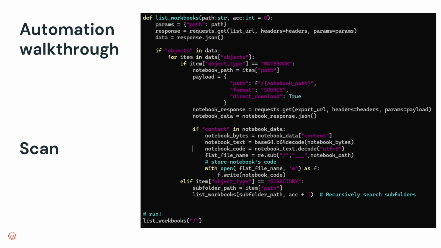This development is maybe one day of work, but the power it gives you is pretty good. You call another API and provide these parameters. You're asking for a download, you're asking for the source format, and adding the path to the specific notebook that we found in this directory. And with base64 decoding to UTF-8, write to the file. Now we have it. Great. So now we have this one big directory with a lot of text files, they're notebooks. What to do with them?